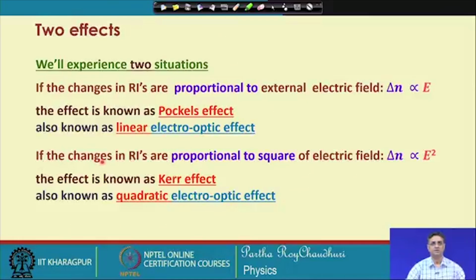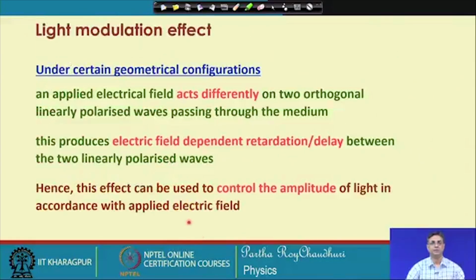But in some situations the change in refractive index is proportional to the square of the electric field, that is delta n is proportional to E square. This effect is known as the Kerr effect, after the name of its discoverer. This is also known as the quadratic electro-optic effect. So, under the electro-optic effect we have two groups of effects to study, the Pockels effect and the Kerr effect. We will first discuss the Pockels effect, that is the linear electro-optic effect.